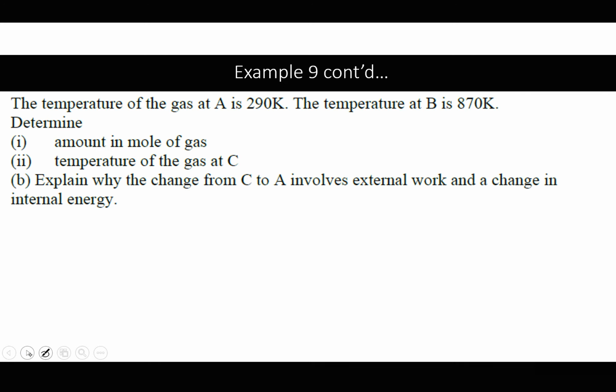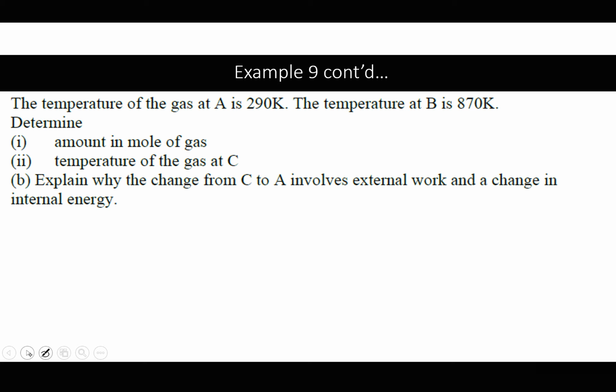The temperature of the gas at A is 290 K. The temperature at B is 870 K. Determine the amount in mole of the gas. Determine the temperature of the gas at C. Explain why the change from C to A involves external work and a change in internal energy.